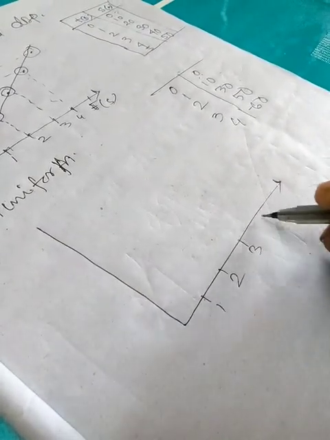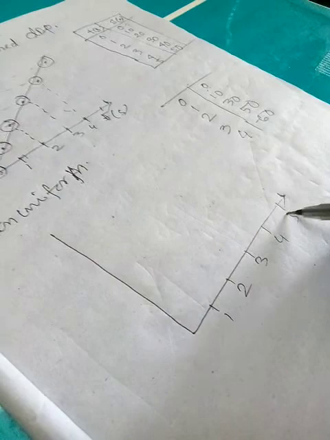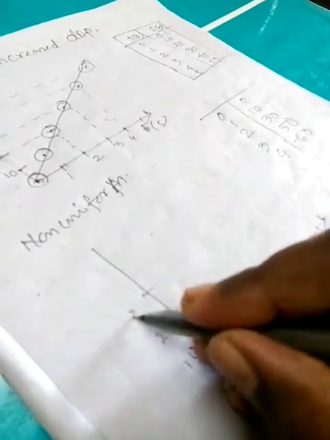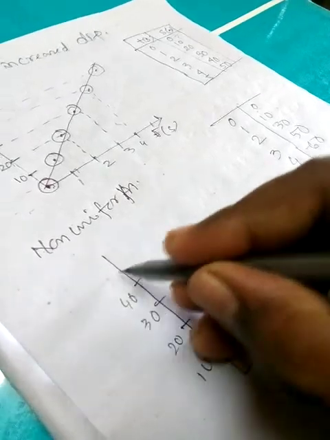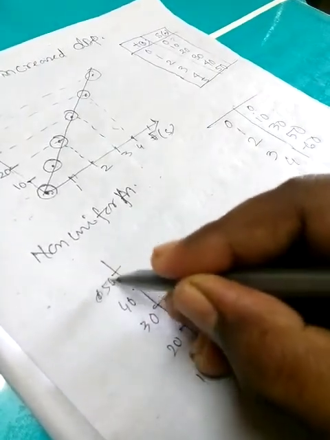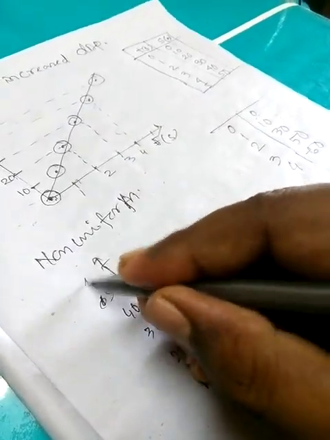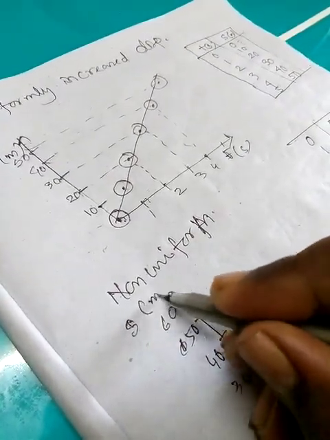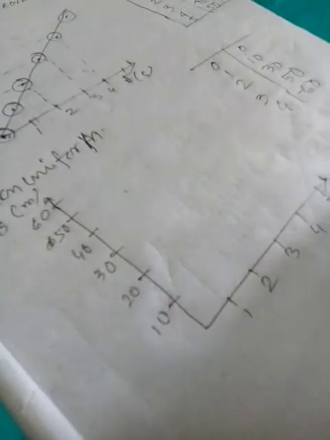So how does the graph look? It is 1, 2, 3, 4, 5 on the time axis, and 10, 20, 30, 40, 50, and assume 60 on the displacement axis. Okay, it is displacement s in meter, and time in second.